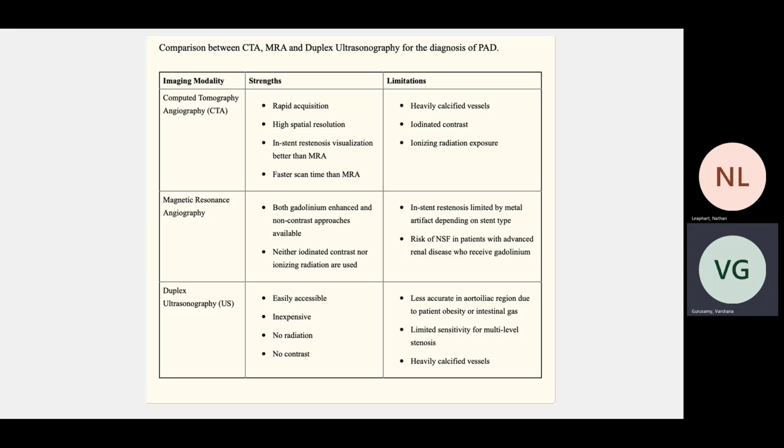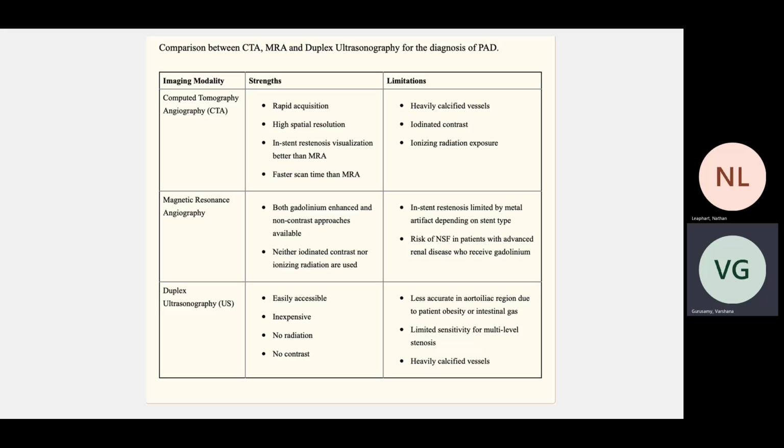We also do imaging in terms of CTA, MRA, and ultrasound. CTA is fast. It gives us a lot of information about anatomy. The problem is when you have really calcified vessels, it's hard to tell the difference between the calcification in the vessel and the actual artery, like the actual contrast in the vessel.